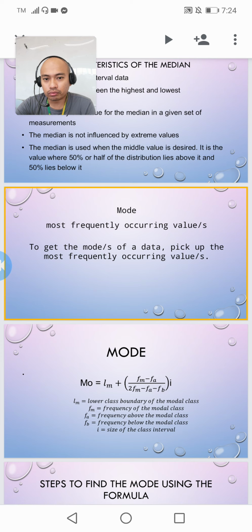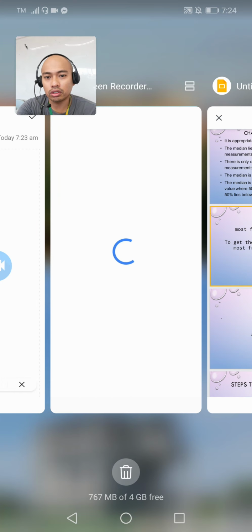As I said a while back, to get the mode, you simply pick up the most frequently occurring value or values in a particular distribution if the data is ungrouped. So it is very easy to find the mode of a distribution.